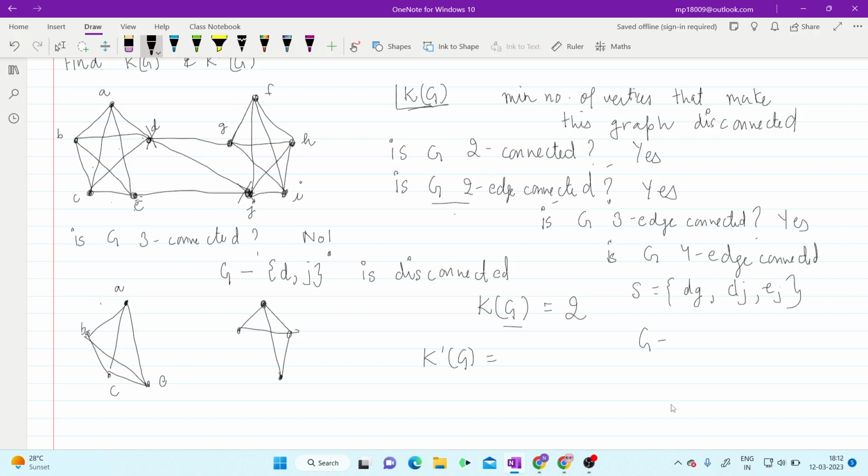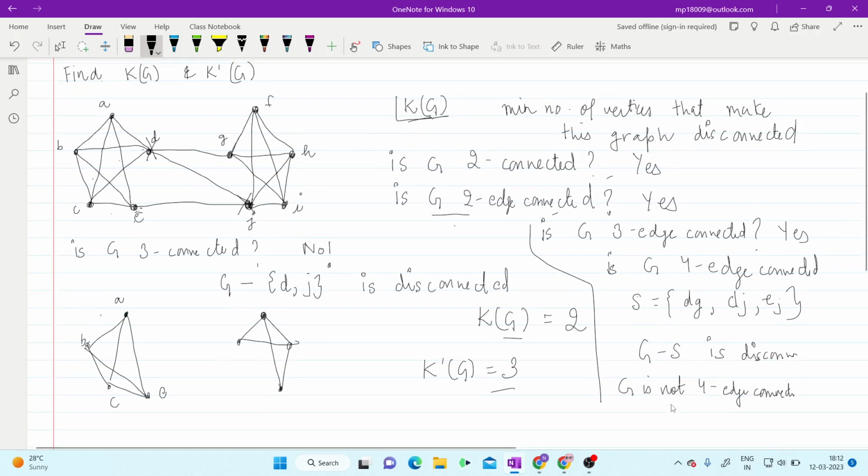So G minus S is disconnected. So we see that G is not four edge connected. So what is the edge connectivity then? It is 3. So we see that the edge connectivity is 3.